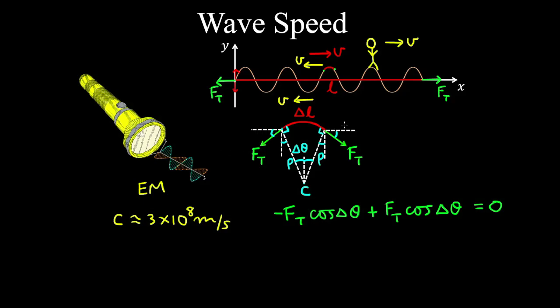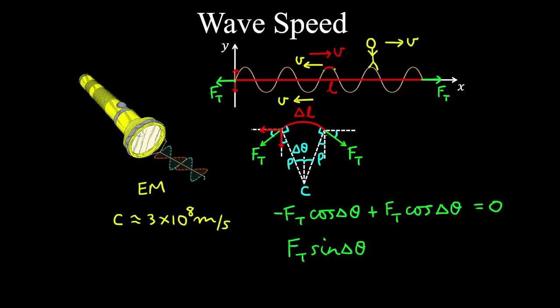And if we take a sum of forces in the vertical direction, so note that this force, being tangent to the string at this point, is resolved into horizontal and vertical components, and same with the force on this side. So in the vertical direction, this component has a magnitude of FT sine delta theta.